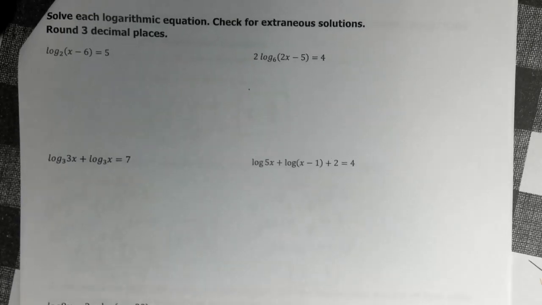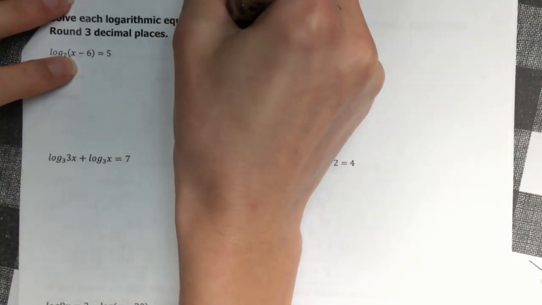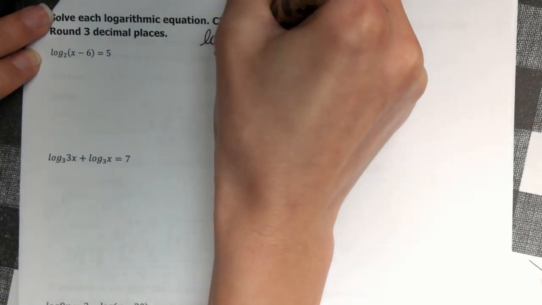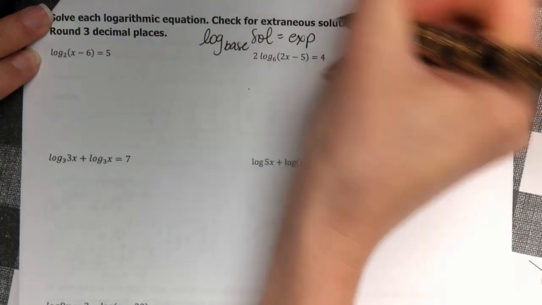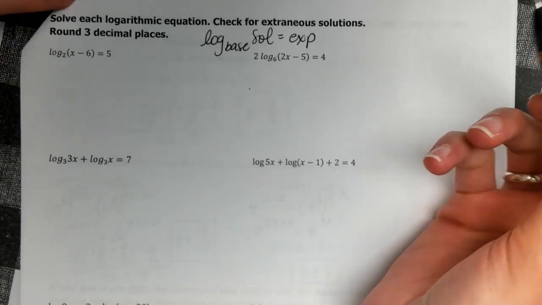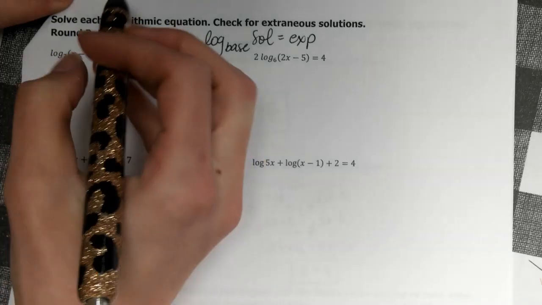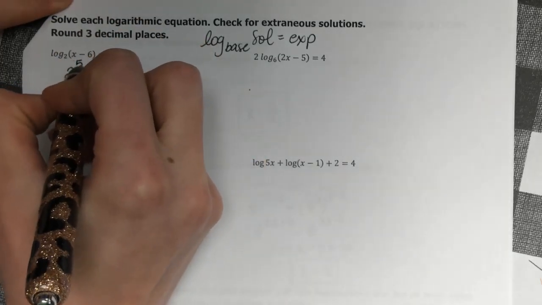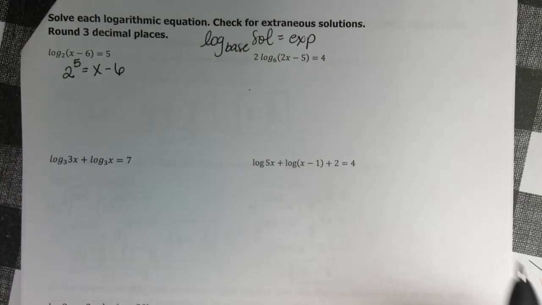So now I'm switching gears and I'm giving you the log or the natural log. Your goal is to isolate the log as much as you can. Here, in this first example, I don't have anything to do, so I'm going to get it in exponential form. If it is log base solution equals exponent, and I need to get it in exponential form, how am I going to rewrite this? 2 to the 5th equals x minus 6.